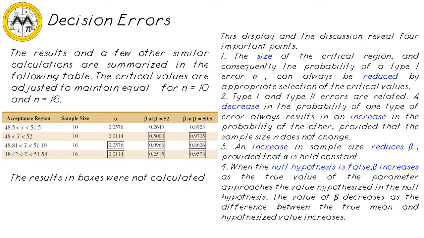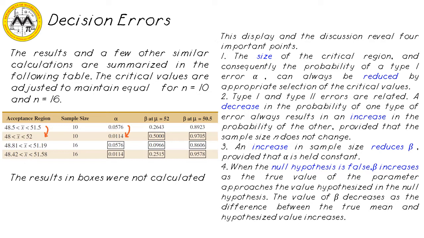As we widen the acceptance region, alpha, or the probability of committing a type 1 error is decreased.